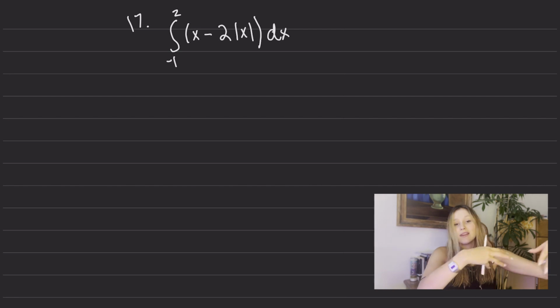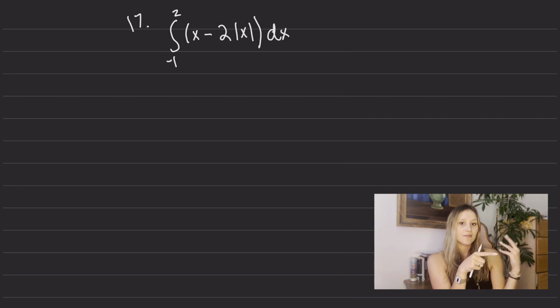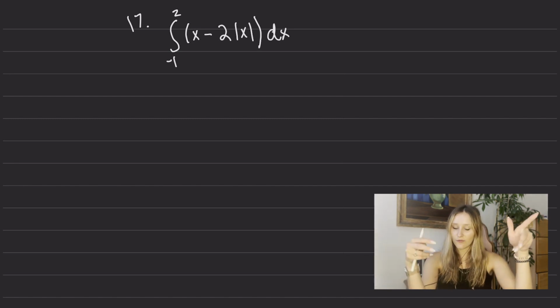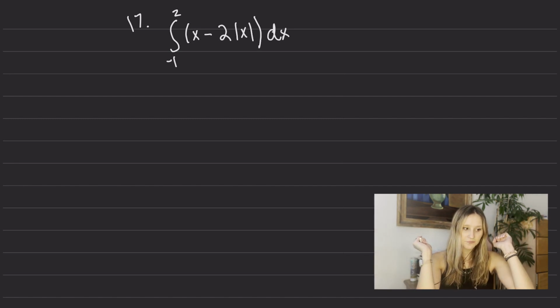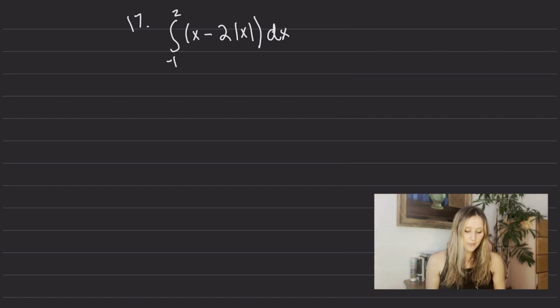Where the function is negative, it's going to be a negative integral. You're just going to put that negative in front of whatever's inside the absolute value. And for the positive, you just treat it as it is. You treat it as it is for the cosine function inside the absolute value.